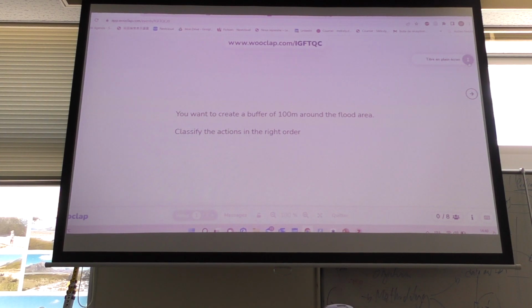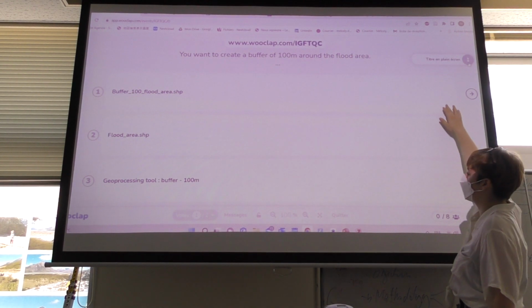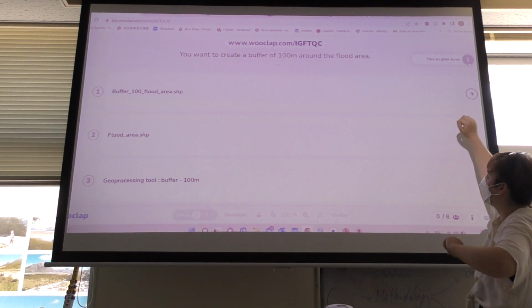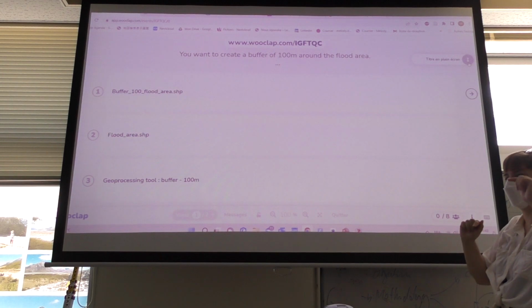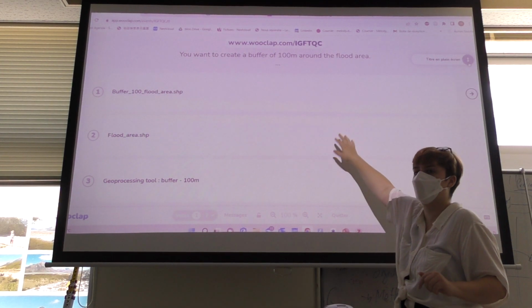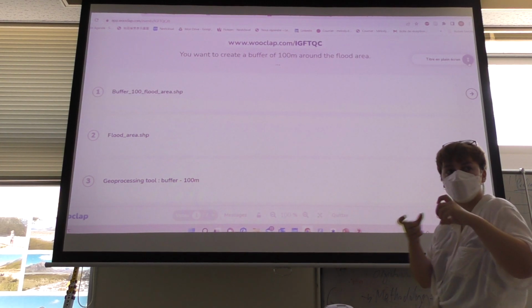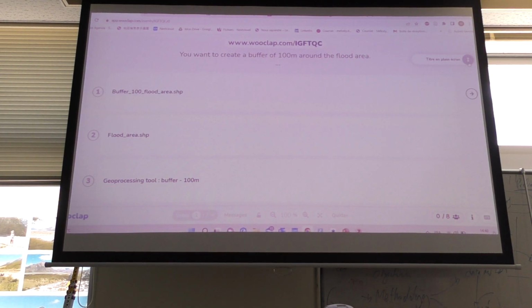So when you have here all the information, okay? And here you have like an arrow. You just have to put up and down which things you have to put before, in the middle, and after. It's like a chain of processes, okay? Which is the source layer? Which is the treatment? What is the result layer? You have to check with what you have on your computer.